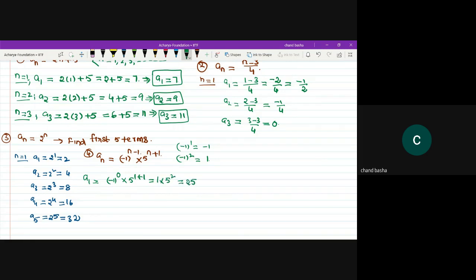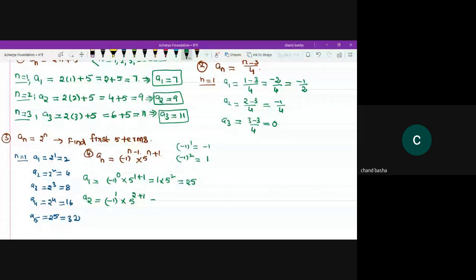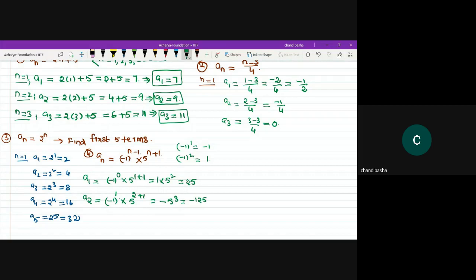As you said, the first value will be positive. When I substitute n is equal to 2, (-1) whole power 2 minus 1 is (-1) power 1, which means it is minus 5 cube. 5 cube value is 125.